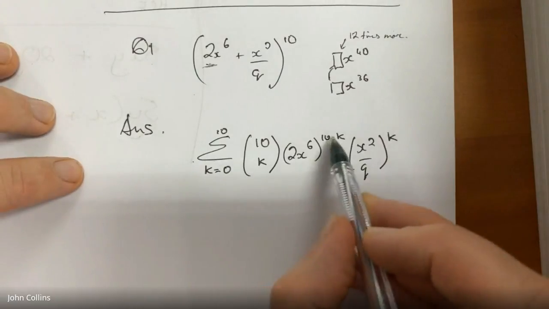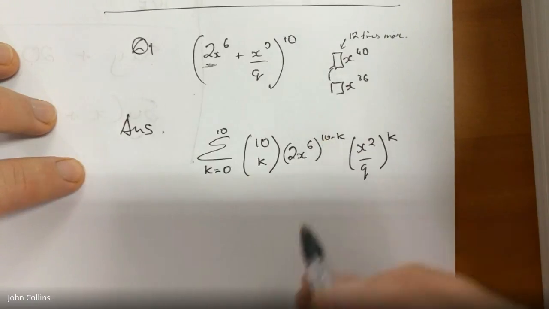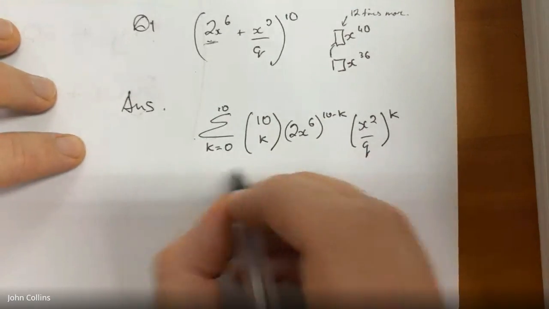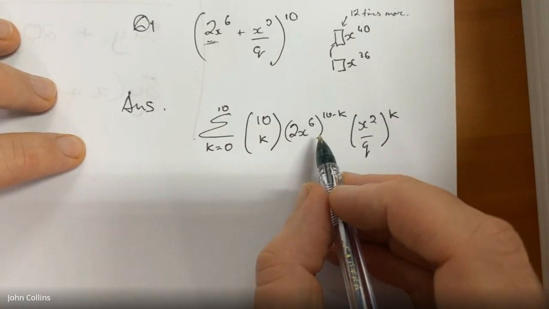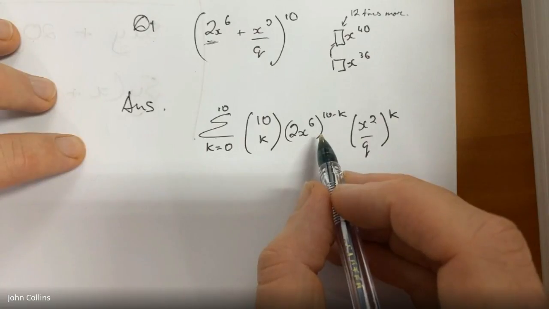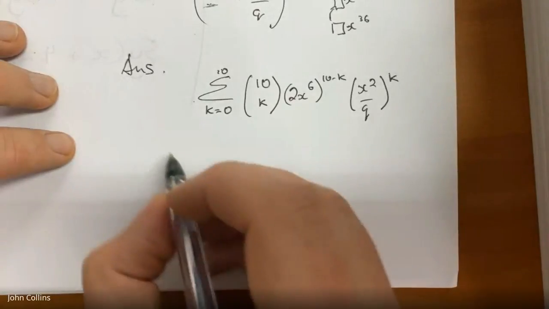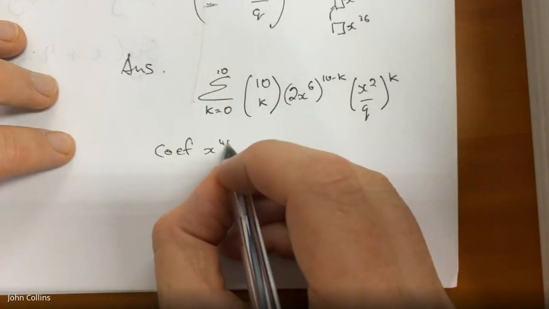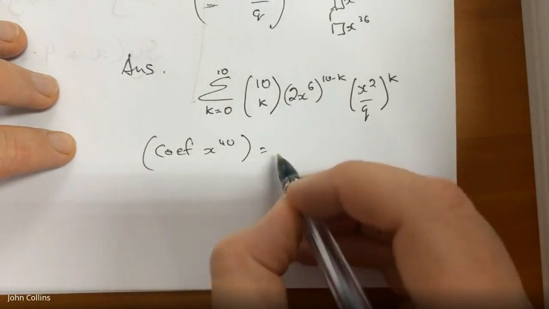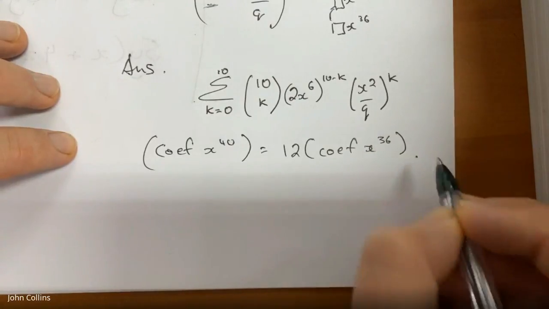Then I would suggest that we can use this. If I just expand this a little bit more, and I'm just looking at the coefficients. So the coefficient of the x^40 term is equal to 12 times the coefficient of the x^36 term.